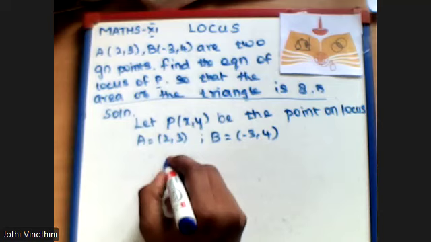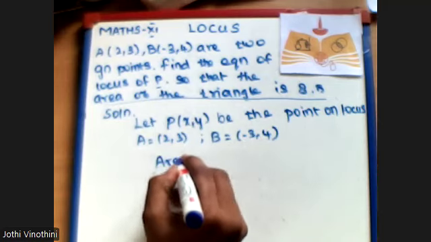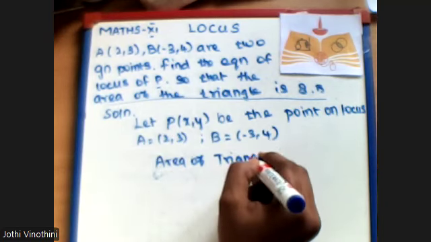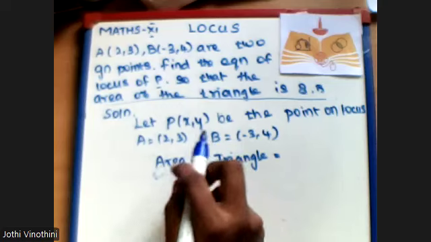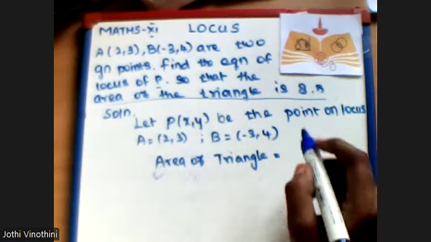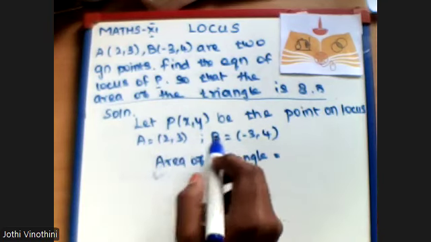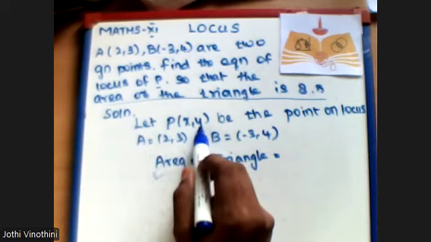Okay. So what did they give? The area of a triangle. What is the formula for that when we have three vertices? We have vertex 1, vertex 2 and we have vertex 3 as x, y.